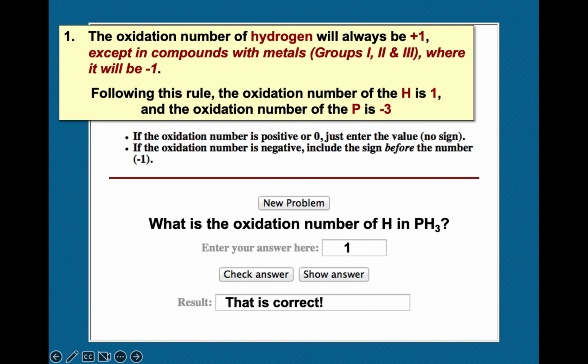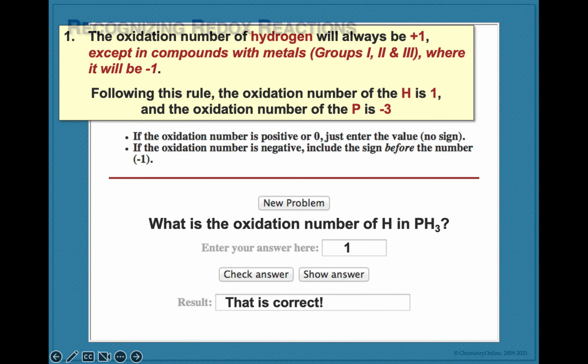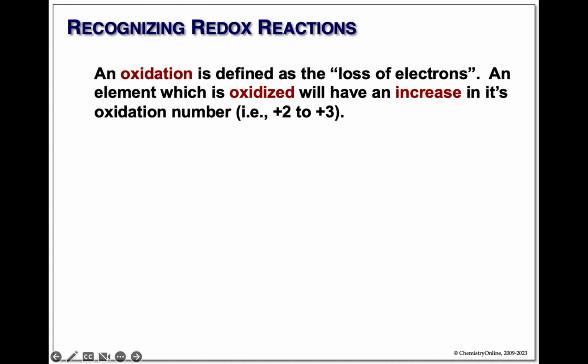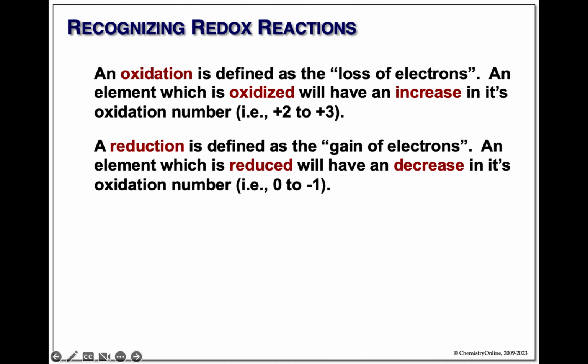Let me get that slide off of here. All right, like I said, redox reactions are very important in chemistry. When you look at a redox reaction, one of the games you play is to try to figure out who was oxidized and who was reduced. Now, very simple way to do this.